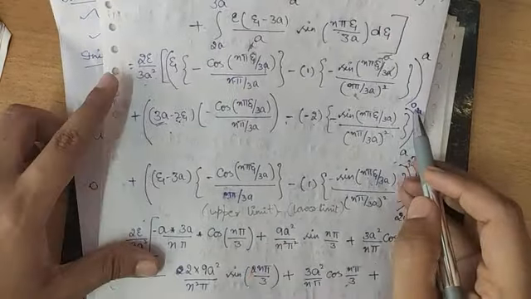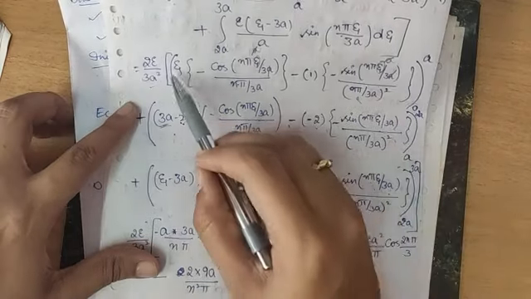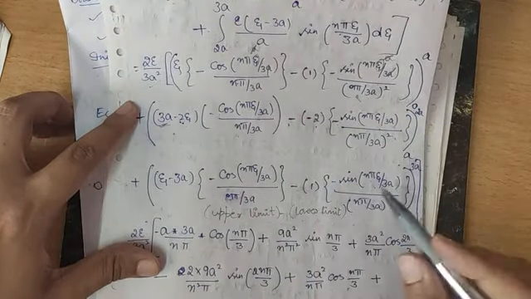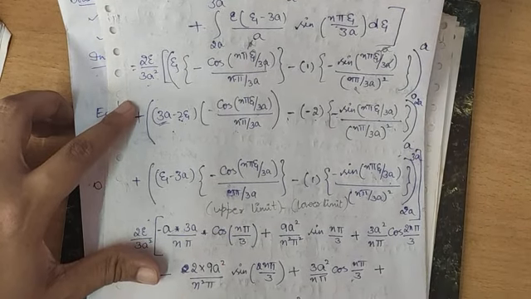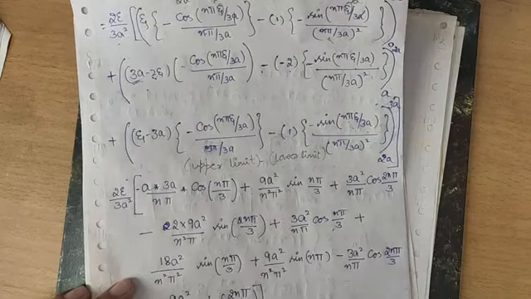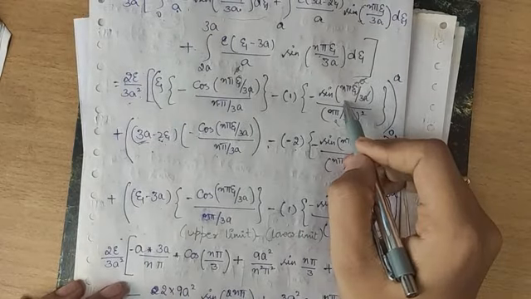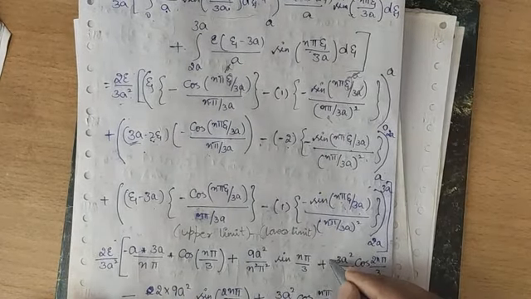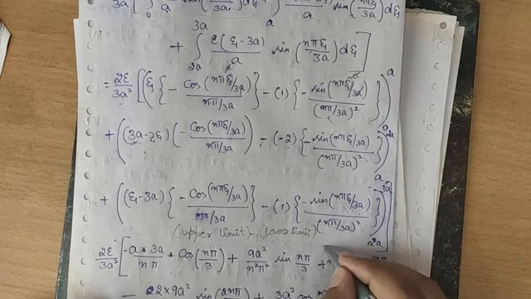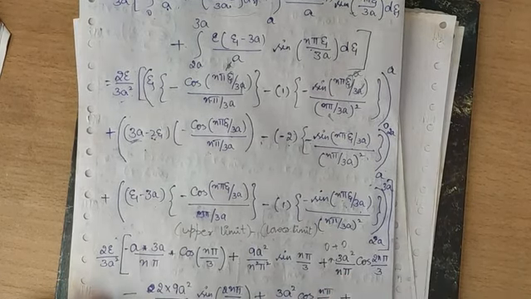The lower limit is 0. So 0 into anything is 0. First term you will get 0. And sin 0 is also 0. So if you want, you can write it. You will get 0 plus 0 here.